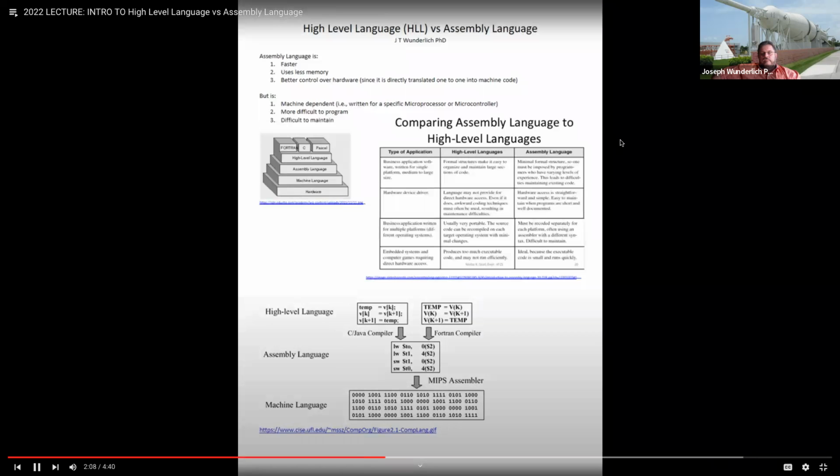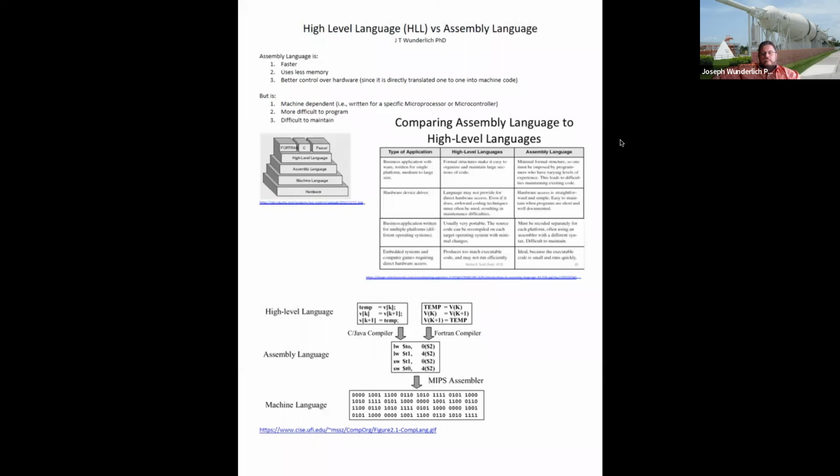I'll let you read through all that, but I would summarize that high-level language is for applications and for things where you need some complex coding. And assembly language is for embedded systems where you need to be down near the hardware.